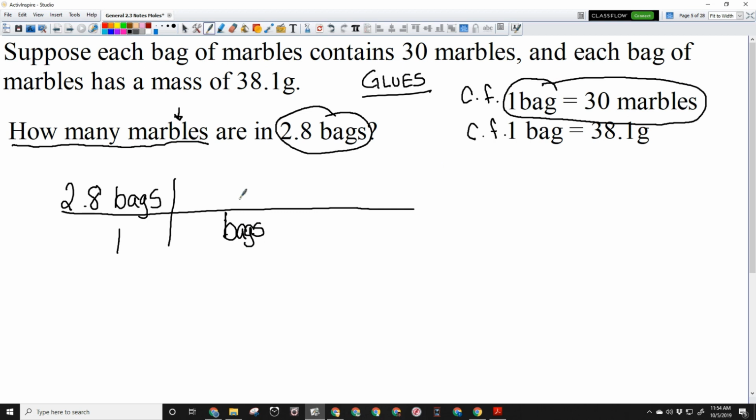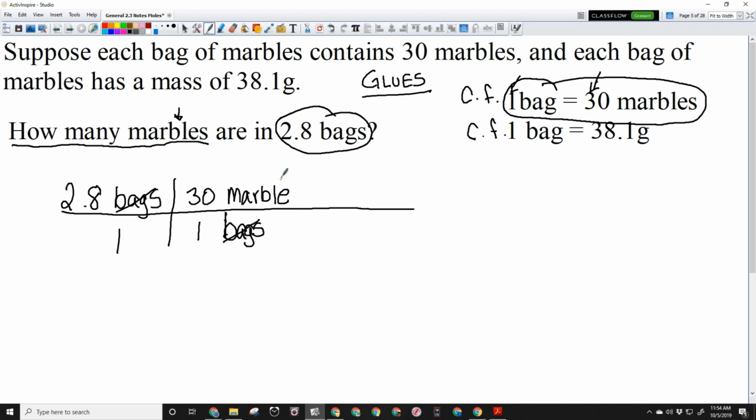So we're going to put in our conversion factor. So I'm going to convert this to marbles. So now I'm going to put numbers. So 1 goes in front of bag, 30 goes in front of marbles. Okay, the next step, cancel what you can cancel, which we put there so we know we could force cancel it.